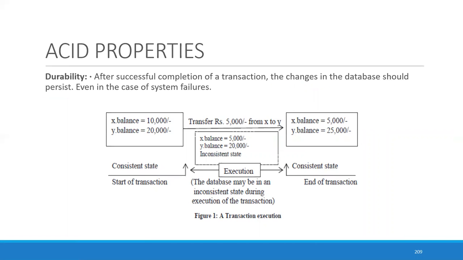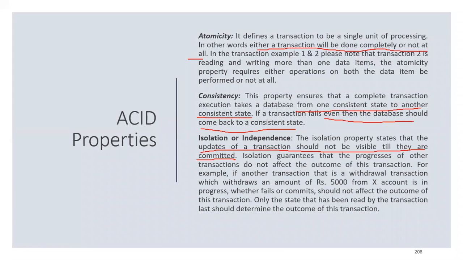Once again, I am explaining for you. What is atomicity, consistency, isolation or independence, and durability? Atomicity ensures that the transaction should either be executed completely or not at all. This is because incomplete execution of the transaction results in negative consequences.